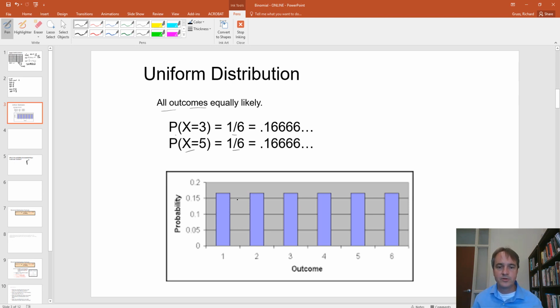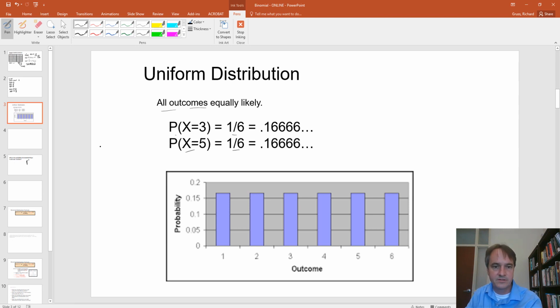If we were to represent this visually, we would have this rather uninteresting bar graph where every outcome is the same.